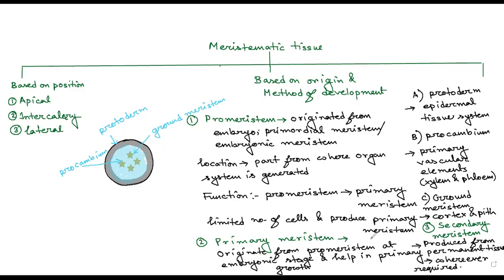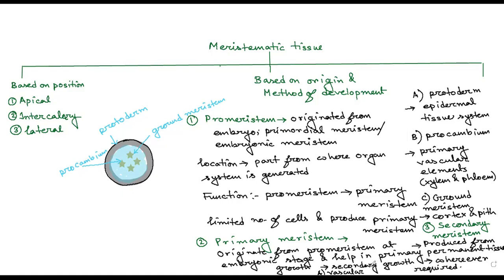So their main role is secondary growth, and they can be subdivided as vascular cambium.